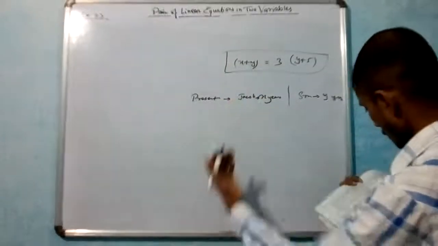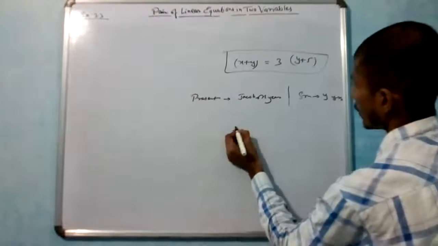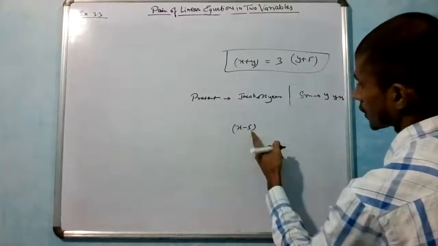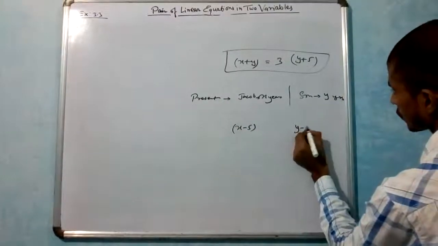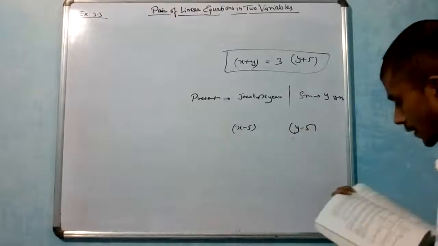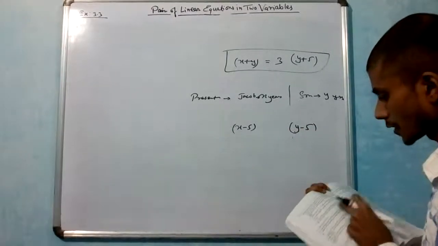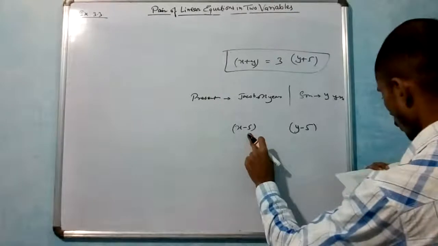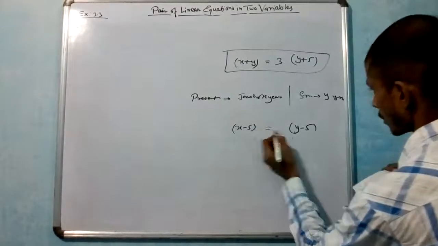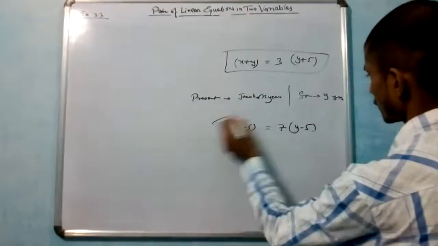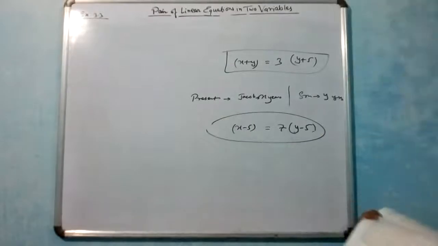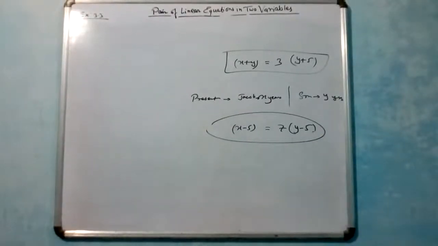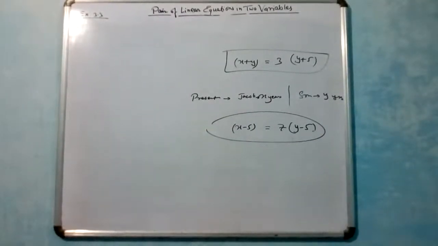Come 5 years ago, x minus 5 was the Jacob's age, and son's age was y minus 5. Correct? And now what is the relation given? That 5 years ago, Jacob's age was 7 times that of his son. Done. Simplify it. Get both the equations, solve it. And then cross verify with any of the condition. You will understand whether you have done correct or not.